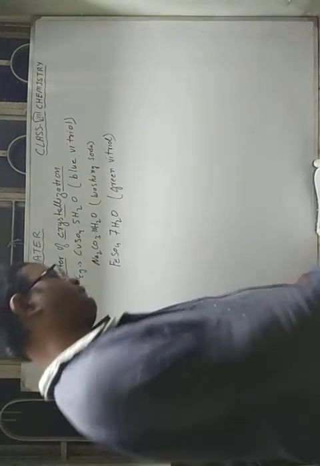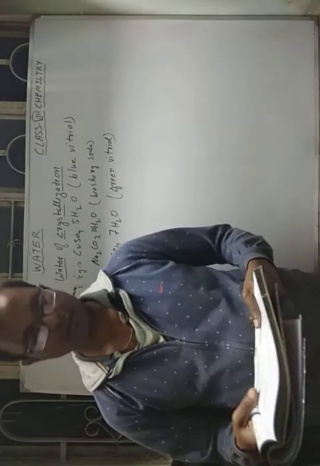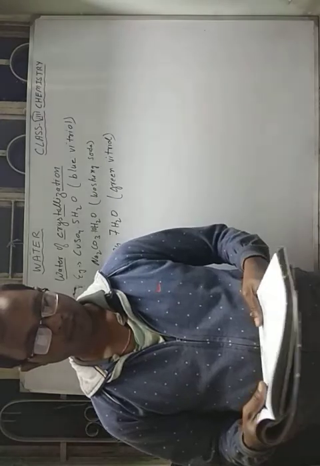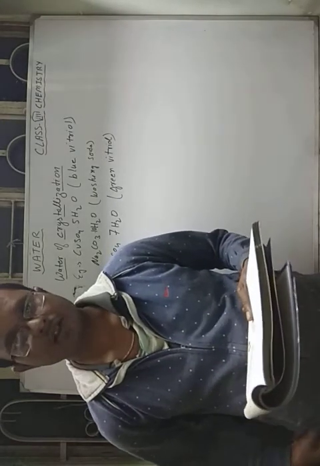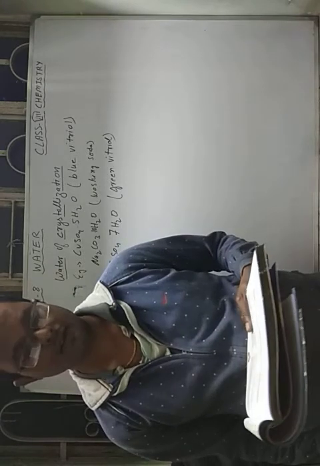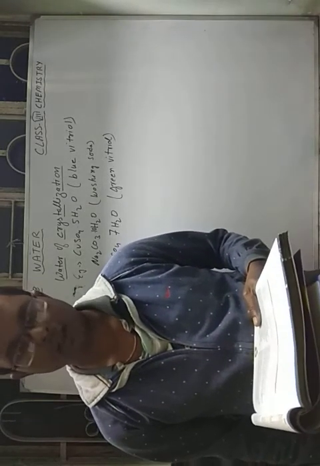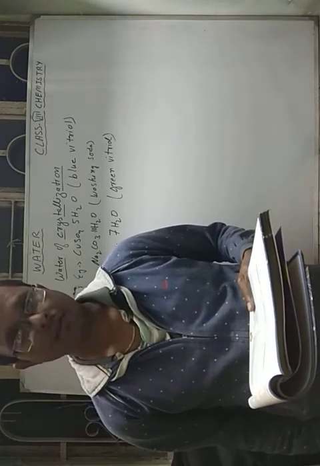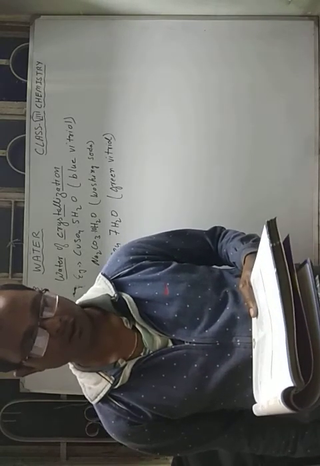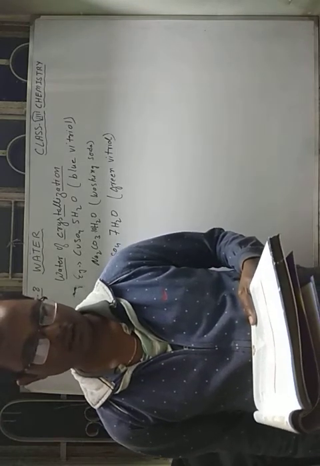So crystals of different salts contain salt and water combined in a definite proportion, chemically combined together. As the water molecules of crystals are very loosely held, they are lost even on heating.